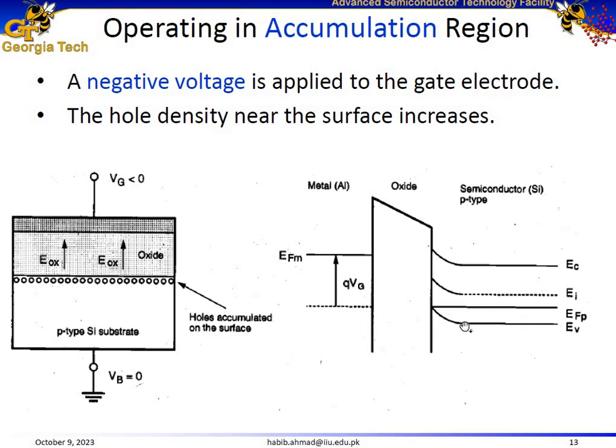But as we get closer towards the surface, the Fermi energy level is getting closer and closer to the valence band. And right at the edge, at the surface, it now coincides with the valence energy level, which means we have high concentration of holes at the surface. So this effect is obvious both from the metal oxide semiconductor structure and from the energy band diagram as well.